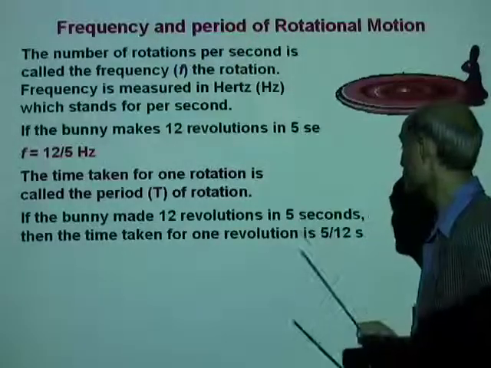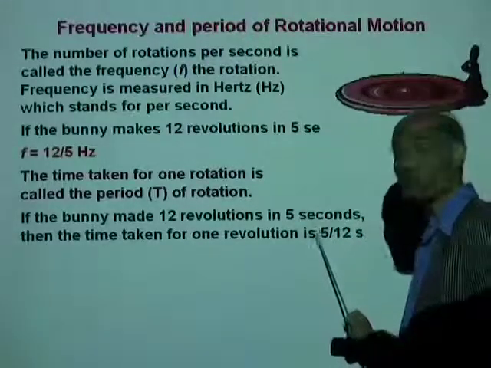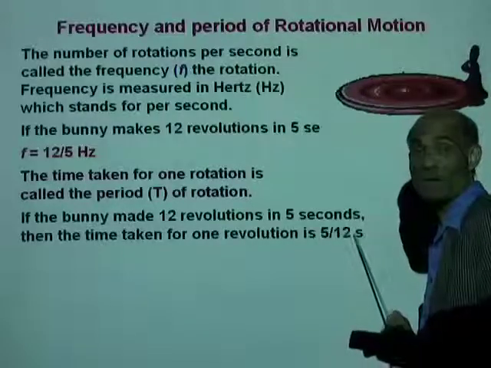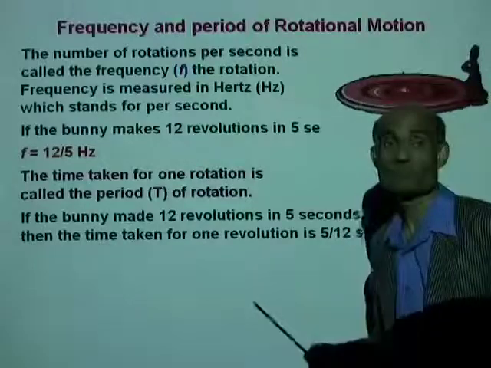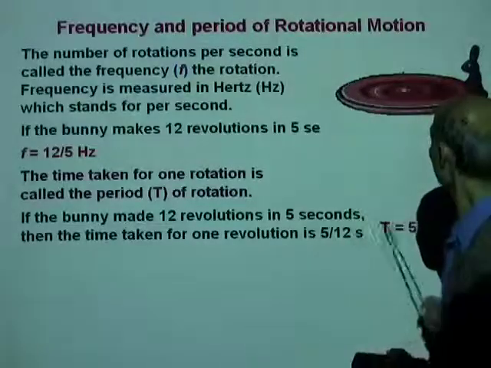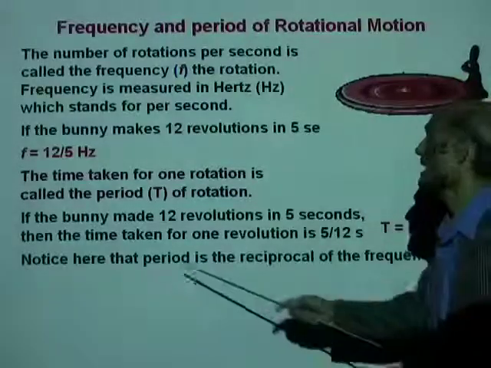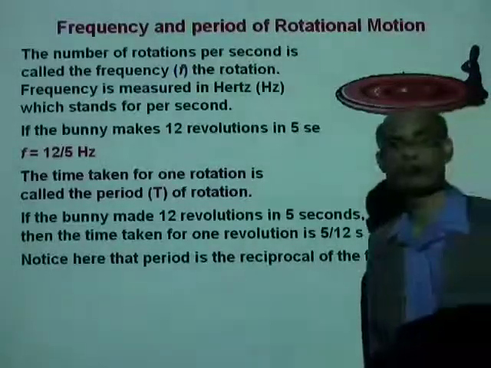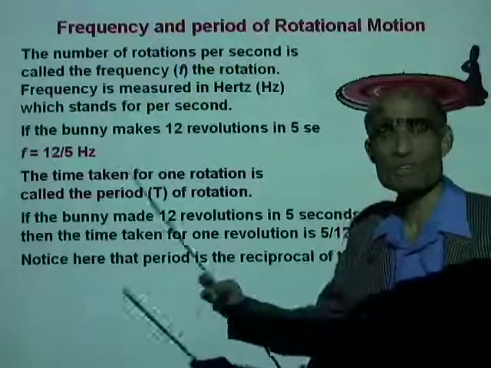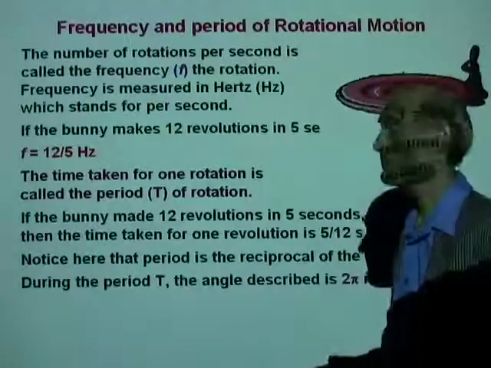So 5 seconds divided by 12 revolutions, that is 5 over 12 seconds, will be the period. Now, notice here that the period is the reciprocal of the frequency. We talked about all that earlier.